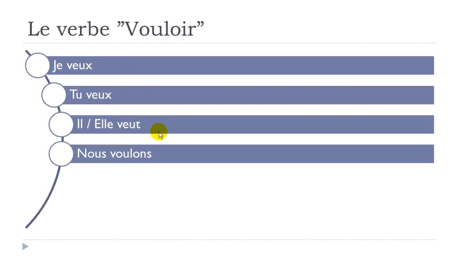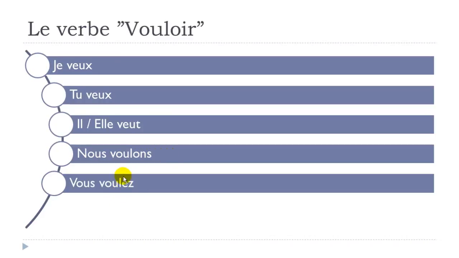Then for nous, classic ending, ONS, don't pronounce the S, just pronounce the on. Nous voulons. Same thing here, classic ending EZ for vous, but then you pronounce it et. Vous voulez.